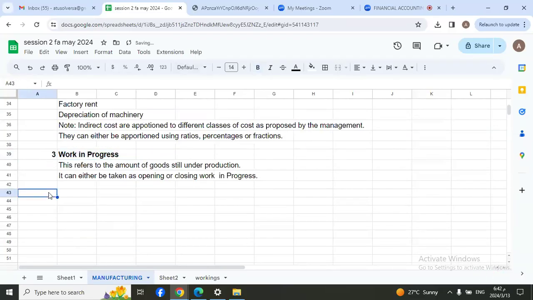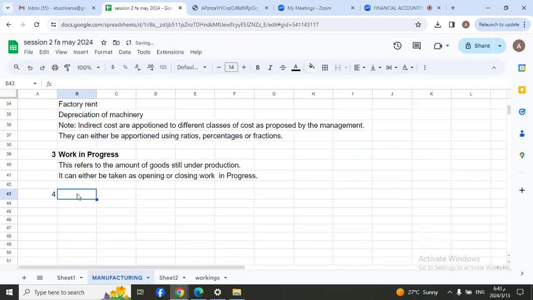Then our element number 4 will be the total cost of manufactured goods.